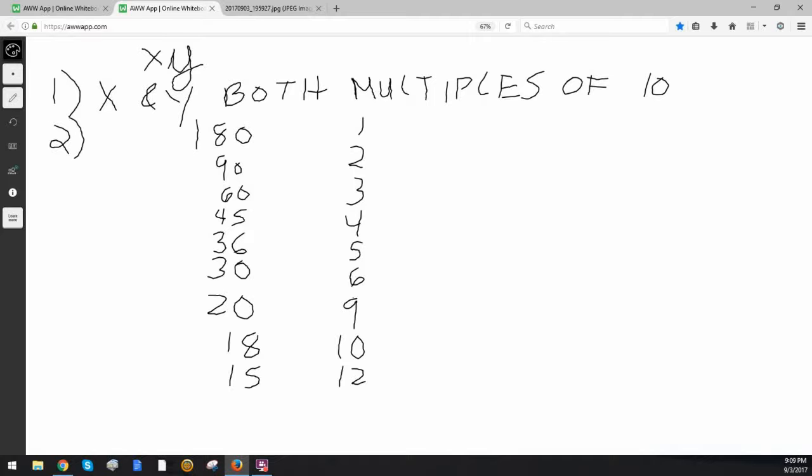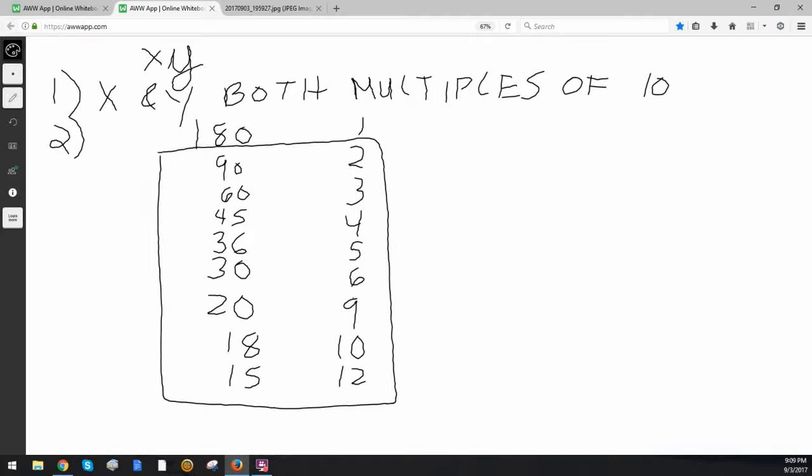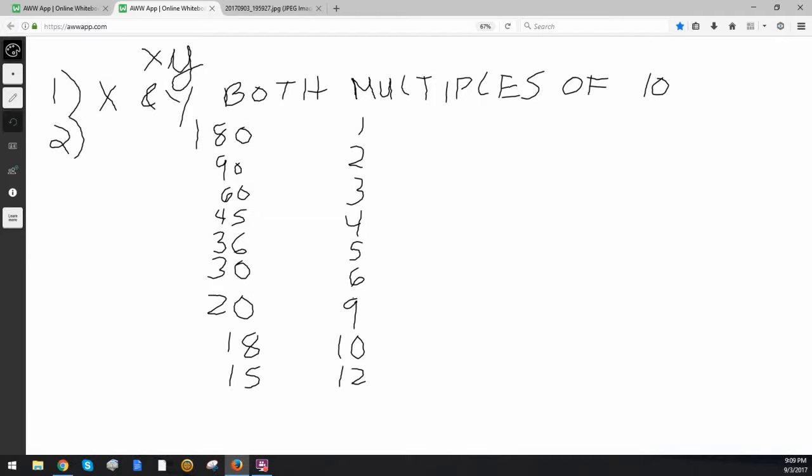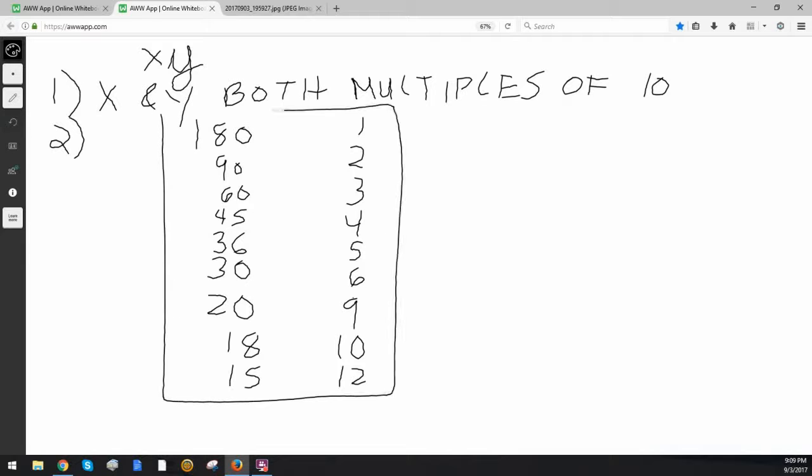So if you say that two numbers have 180 as the least common multiple, you must be talking about some numbers in here, okay? All of the numbers that have 180 as their least common multiple must be listed in here.